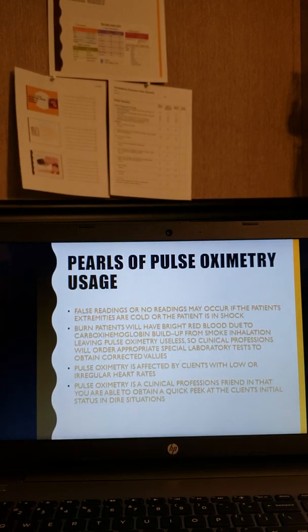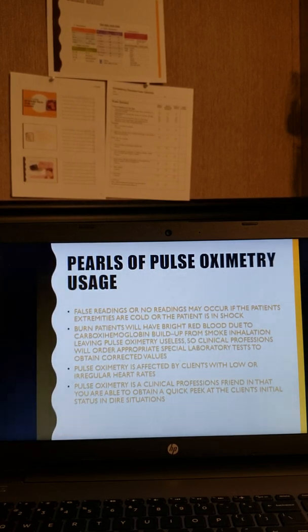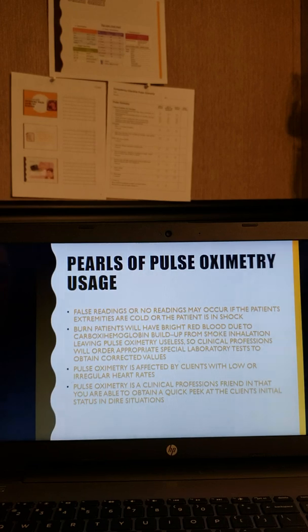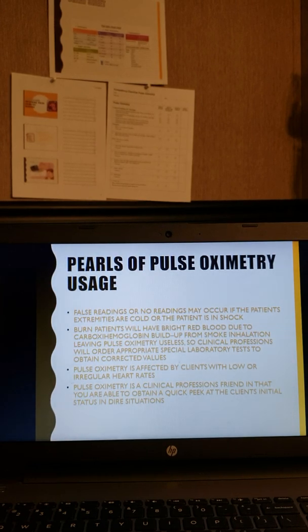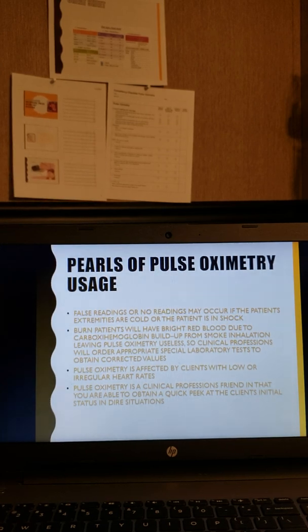Burn patients, of course, are going to have bright red blood due to carboxyhemoglobin buildup from smoke inhalation, if that's the case, and that would pretty much make the pulse oximetry readings useless. The pulse, of course, would probably be near correct, but the saturation is not. There are special tests the physician or the healthcare provider can order that can give them the corrected values.